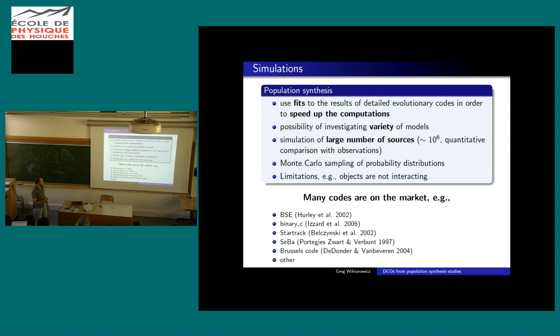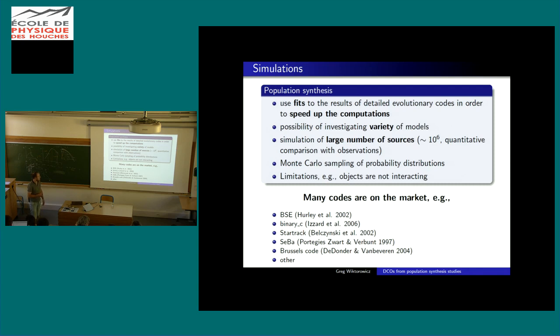This also gives us the possibility of investigating a variety of models, and that's what is most often done with population synthesis. We use this speed-up to simulate a large variety of models, especially for things which are not perfectly understood in stellar evolution, like the famous common envelope phase. And we can compare how these different models influence the results of computations.